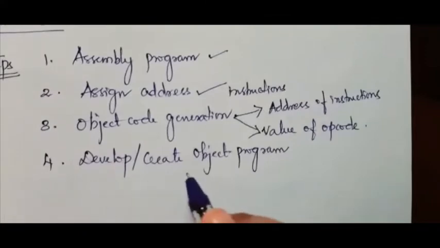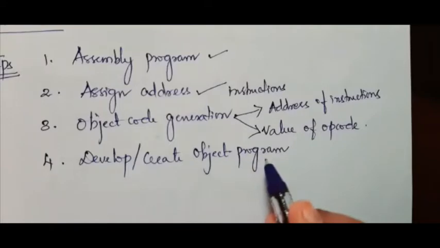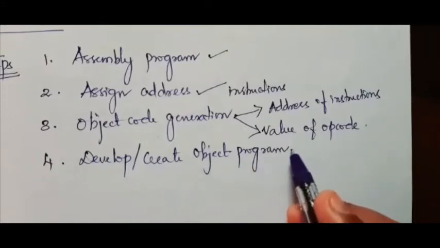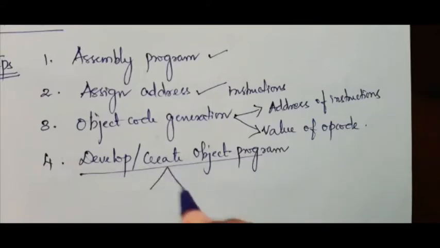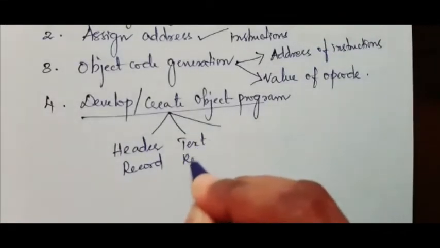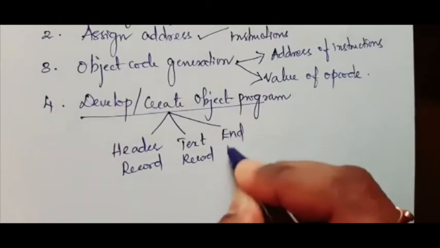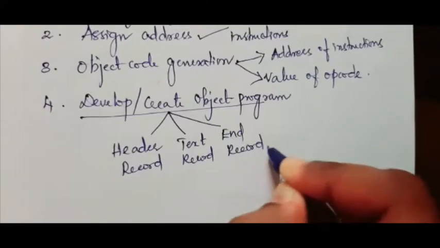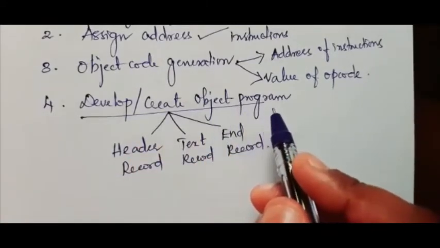And the fourth one is, after generating an object code, we will be creating or developing an object program. For this object program creation, we need three things. One is the header record, text record, and the third one is the end record. Okay, we will see this in the development of an object program.